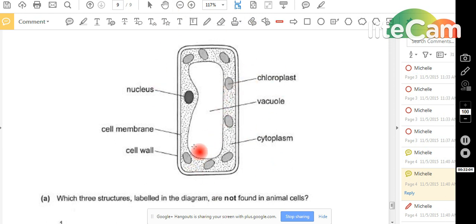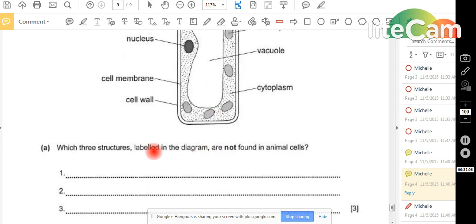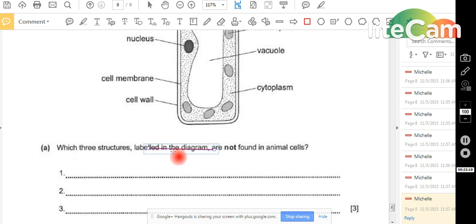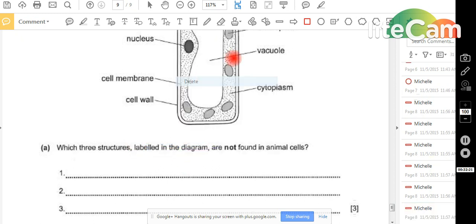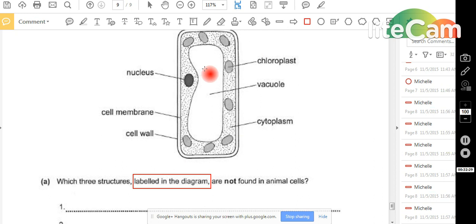So here we've got the palisade cell. Which three structures are labeled in this diagram? This is important because sometimes they would ask, and if you mention anything that's not mentioned in this diagram, you won't get the mark for it.